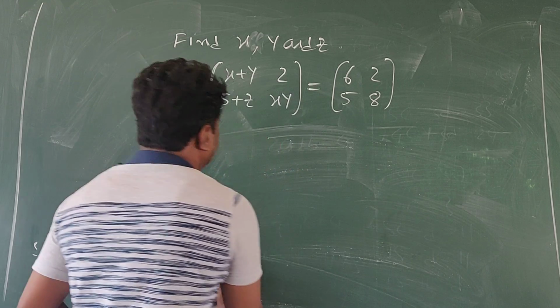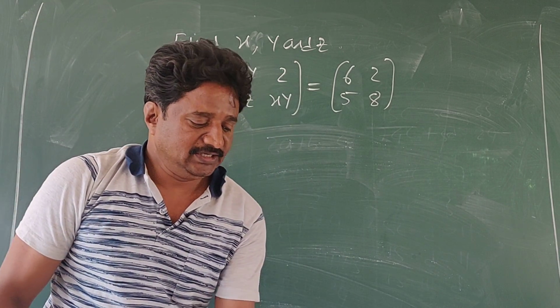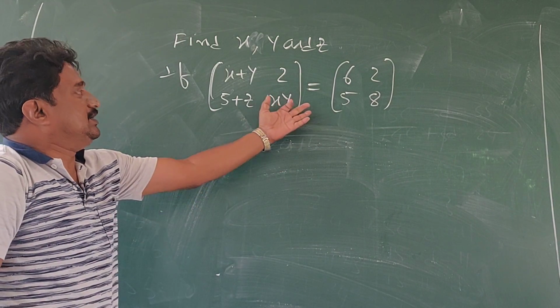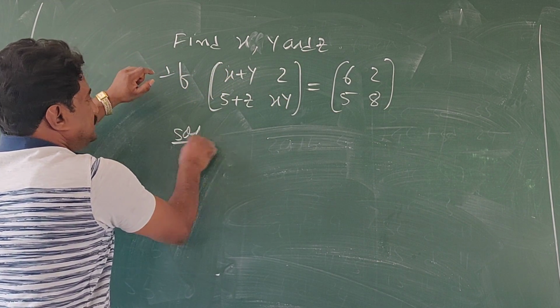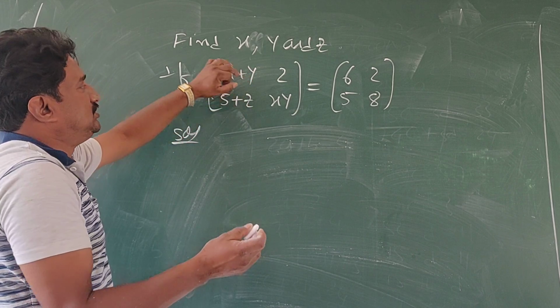Again it is so easy. Here two equal matrices are given. So you know this very well. I need not explain much.